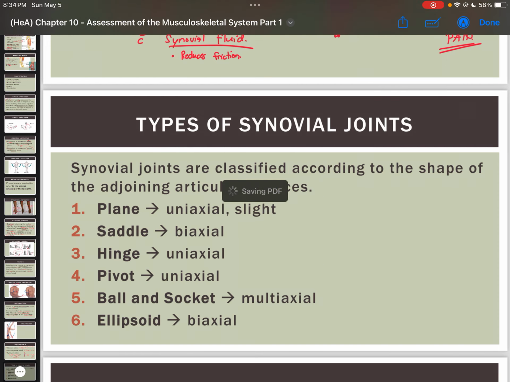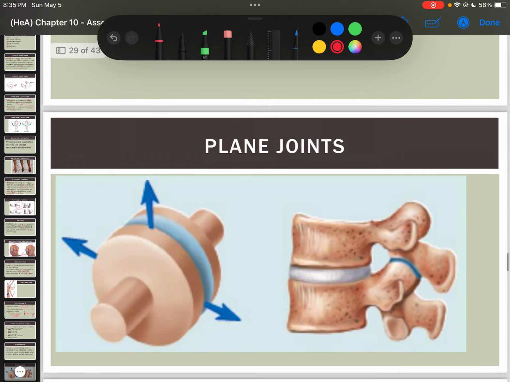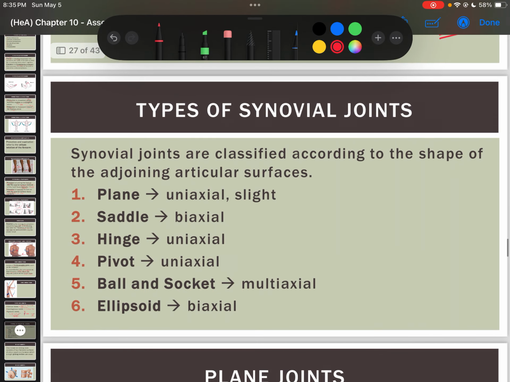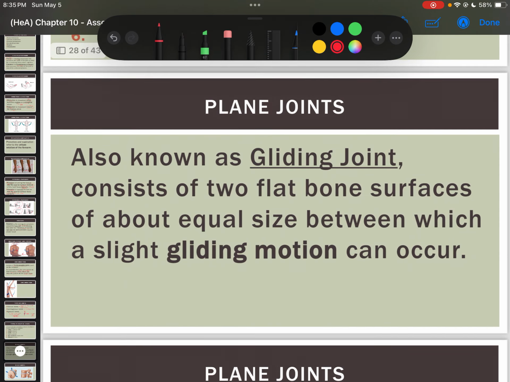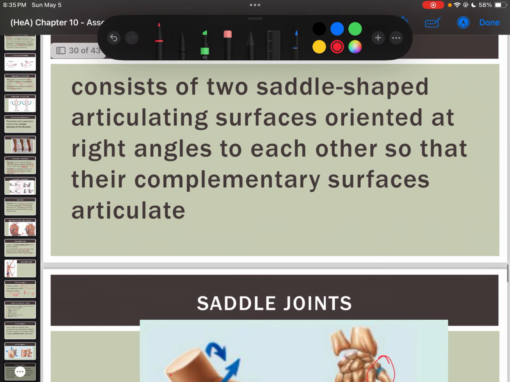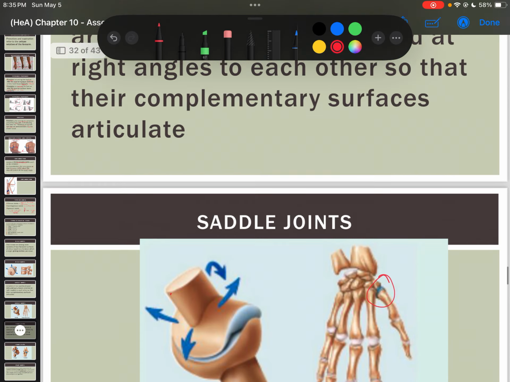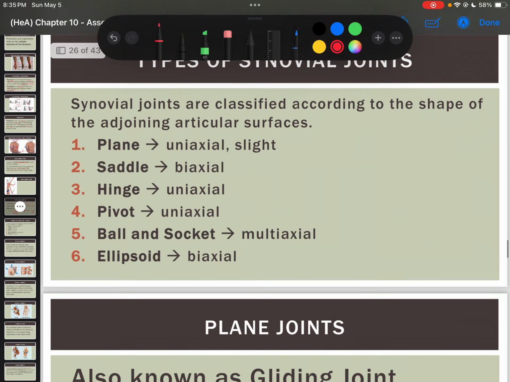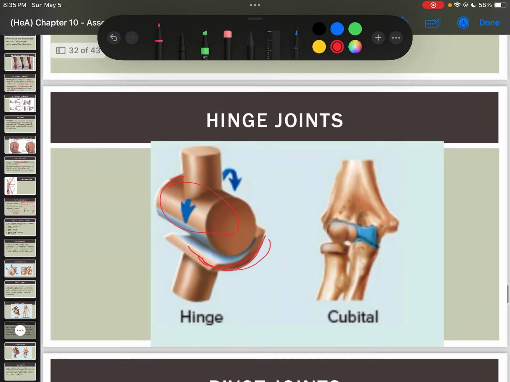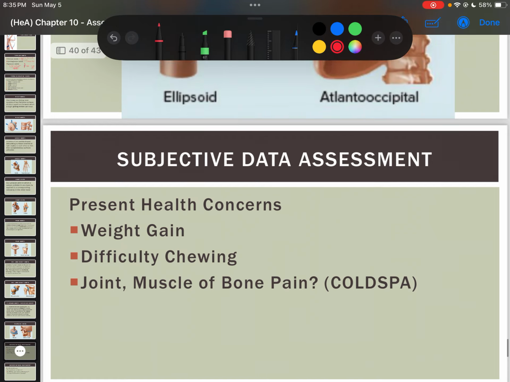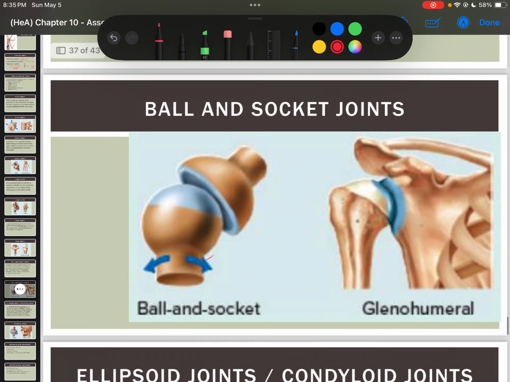Otherwise I would just be reading this and showing you the picture, so to save us both time, I will send you the slides because most of it is very self-explanatory. You can just read it, it's very easy to understand. So let's go straight to our subjective data.